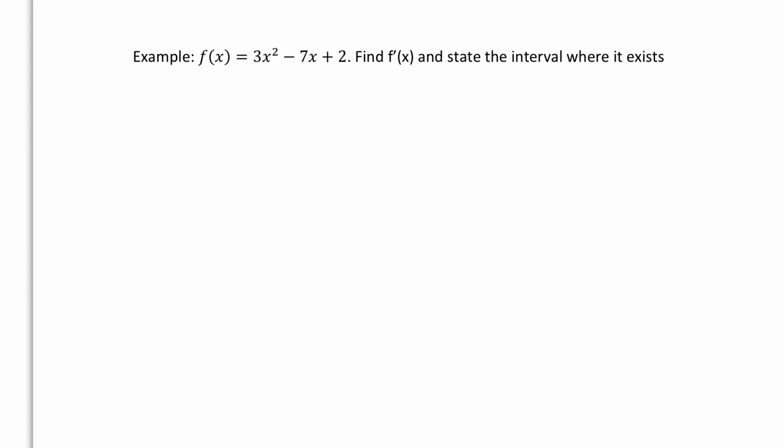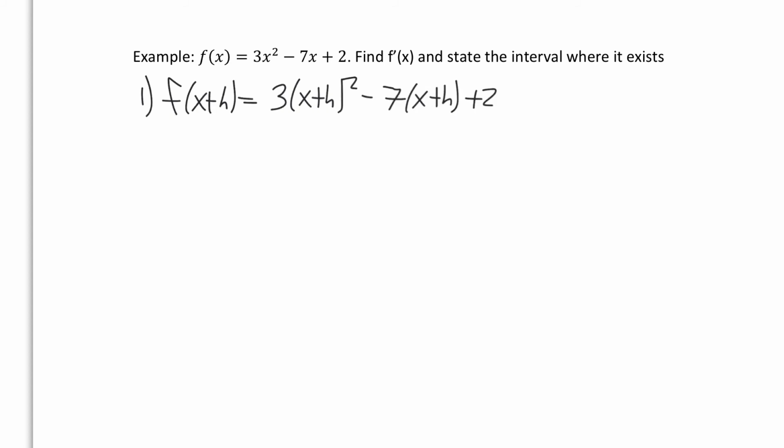So let's go ahead and try step number 1. Step number 1 says we have to calculate f of x plus h, which means everywhere you see an x, it gets replaced with x plus h. This is technically function composition from pre-cal. Everywhere you see this x and this x, you replace it with x plus h. So this would give us, well, 3 times x plus h squared, which we have to expand as x squared plus 2xh plus h squared.